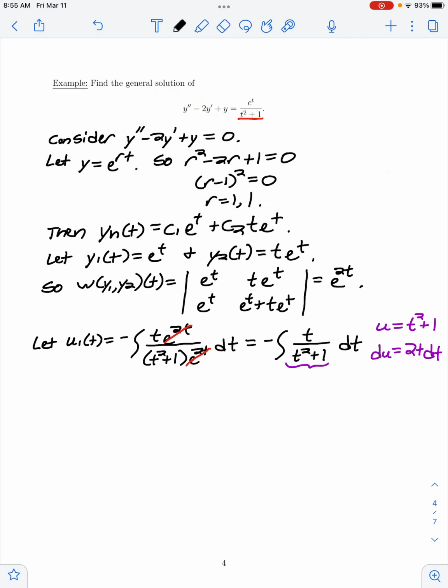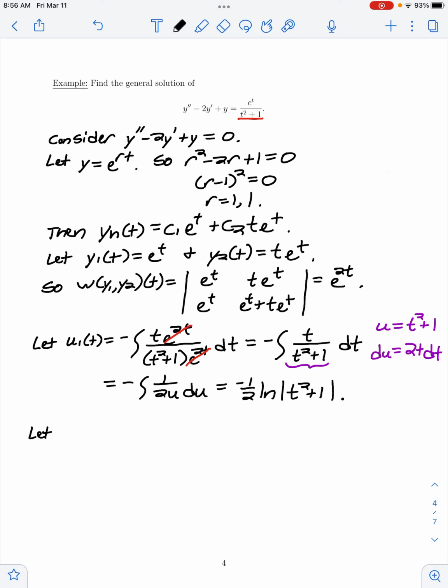And I can rewrite my integral as the negative integral of 1 over 2u du, which gives me negative 1/2 times the natural log of the absolute value of u, which was t squared plus 1. And again, we don't have to consider a constant of integration here, since I just need one function u1 that satisfies my equation. So I could choose my constant as 0.